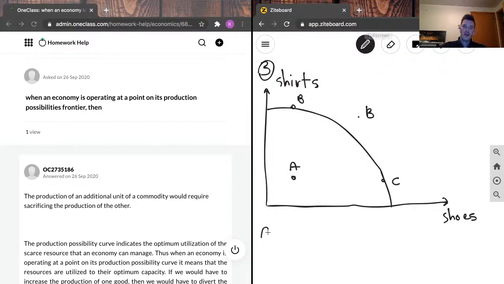So anywhere inside the arc, so point A in particular, but any point inside the arc is going to be attainable but inefficient.